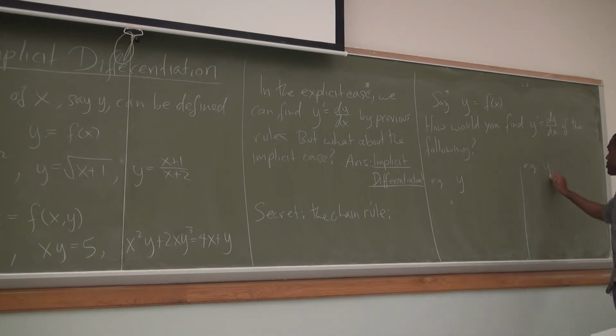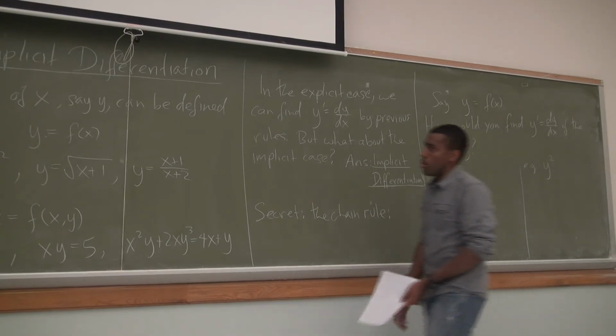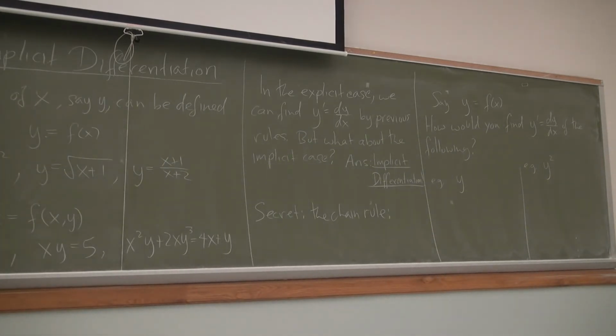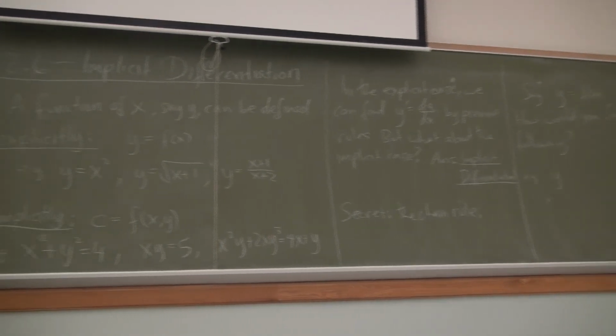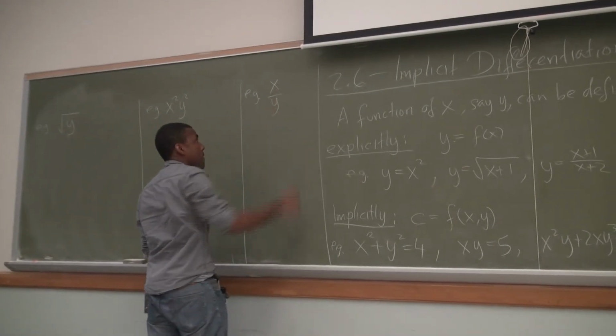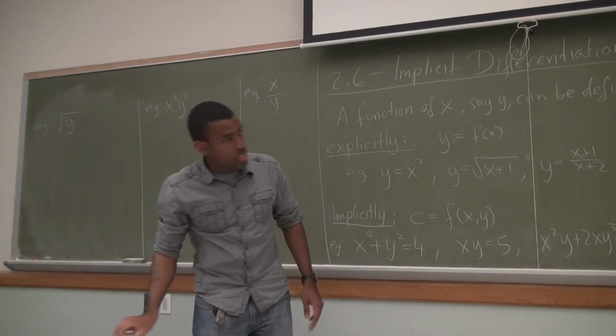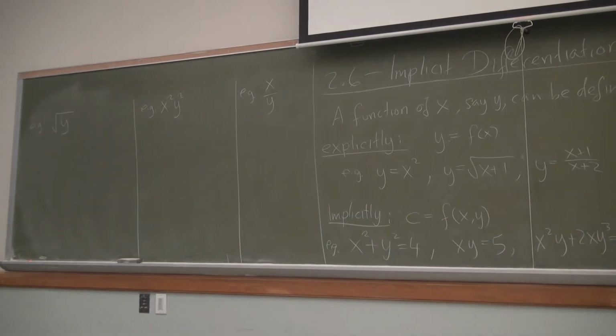How would you find the derivative of y squared? How do you find the derivative of radical y? Well, what about x squared y squared? X over y? So this is just some background so you can see in the simple case how we're going to do it.